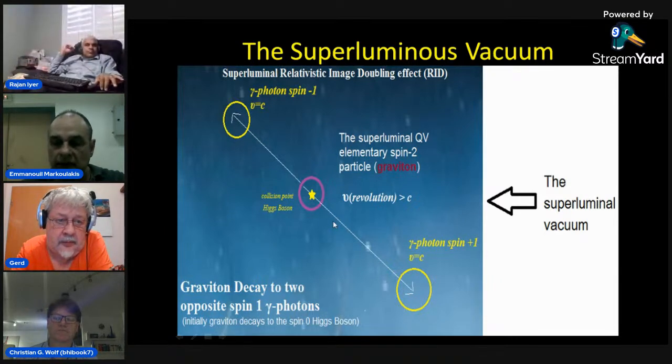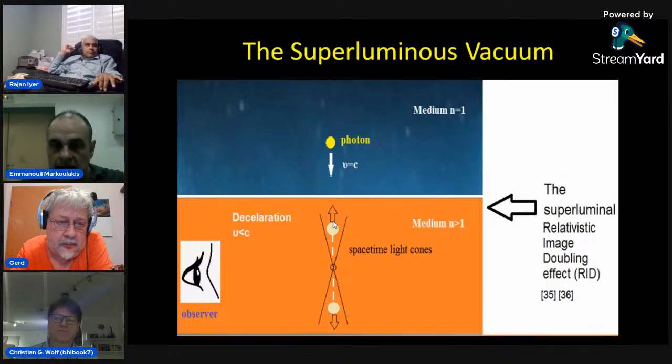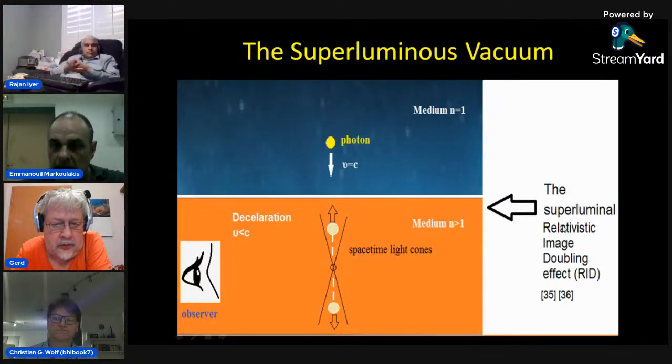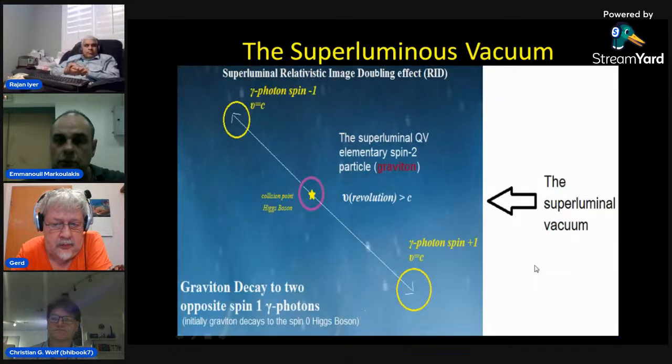Because I have to say here, this is not an apparent effect. In our space-time, it's very real. One graviton is coming out from the superluminal space-time and coming into our space-time, and due to the relativistic image doubling effect, it produces a pair of photons, yes?